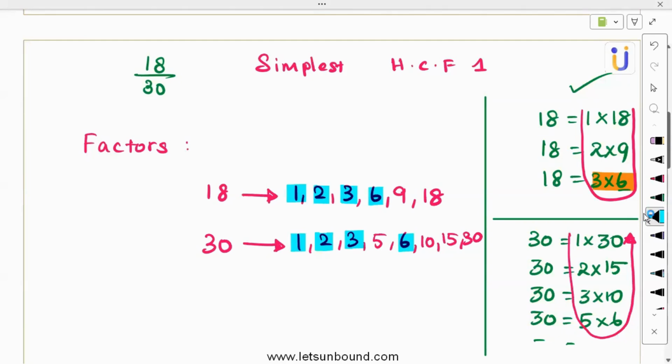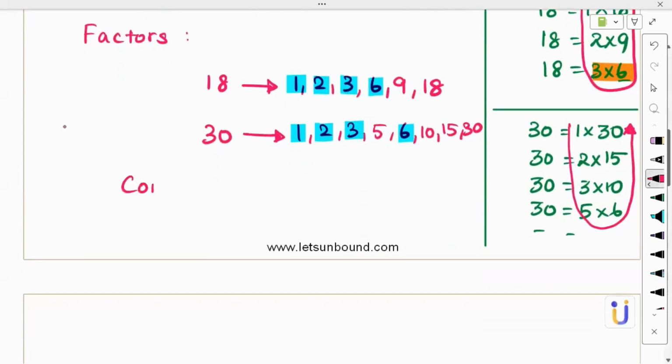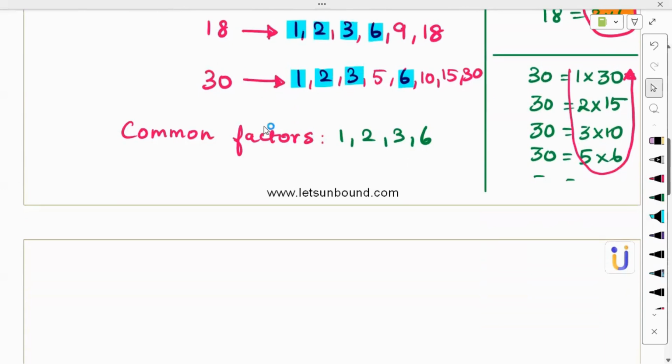So these are the common factors: 1, 2, 3, 6. And do you remember how to simplify the fraction to its utmost simplest form? HCF, the highest common factor. I have the list of common factors, and the highest there is 6.